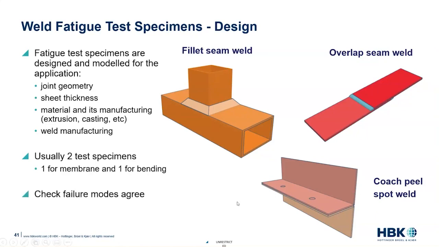It becomes critical that we check that the failure modes agree between what is modeled in finite element analysis and what occurs within the physical testing. We need to define the failure criteria. Is the failure a visible crack in the weld, or a percentage of the stiffness drop?